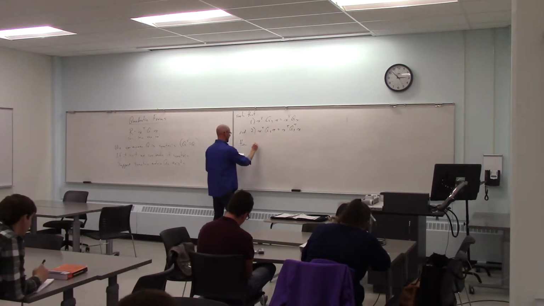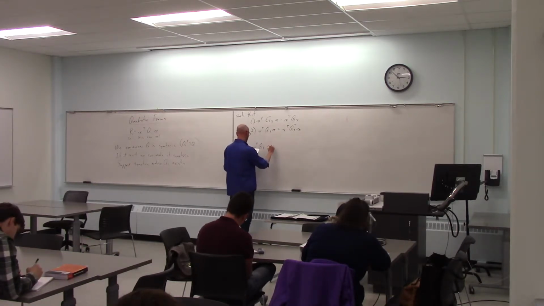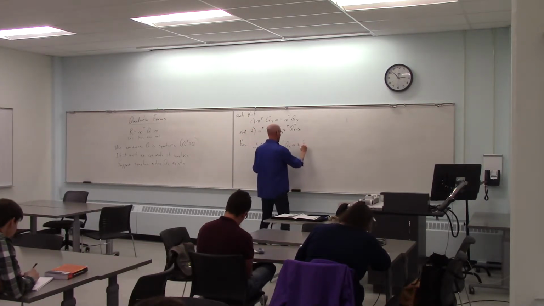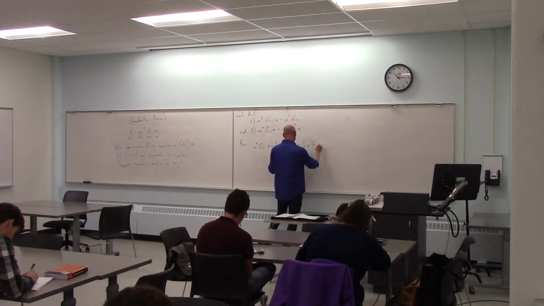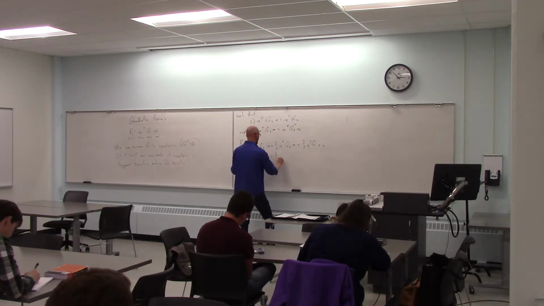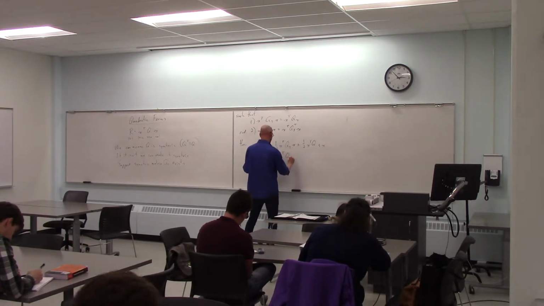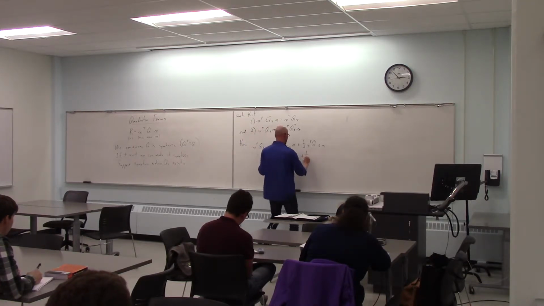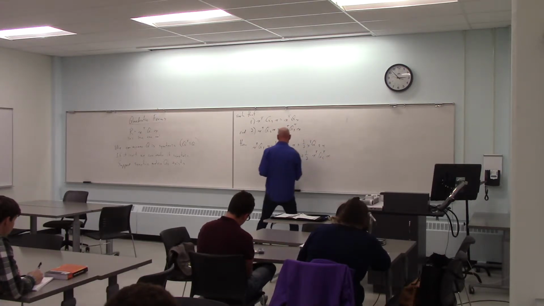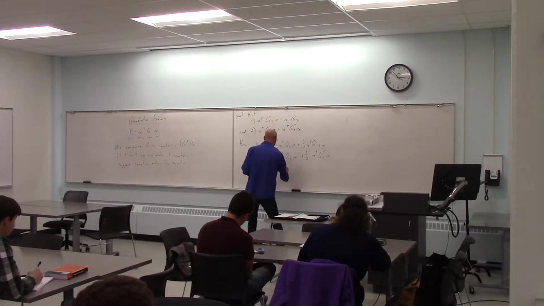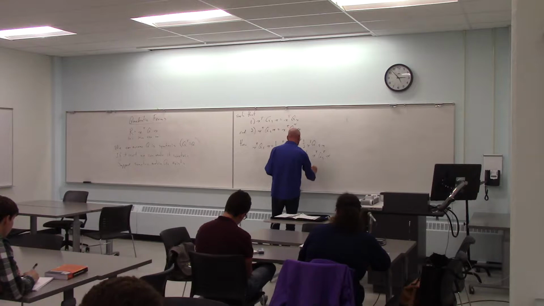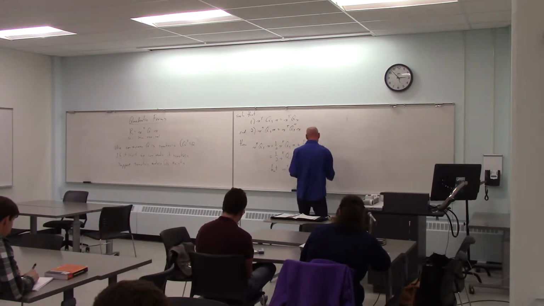Then x transpose Qs x equals 1/2 x transpose Qs x plus 1/2 x transpose Qs x, which equals 1/2 x transpose Q x plus 1/2 x transpose Q transpose x. But x transpose Q x equals x transpose Q x transpose, because they're both scalars.